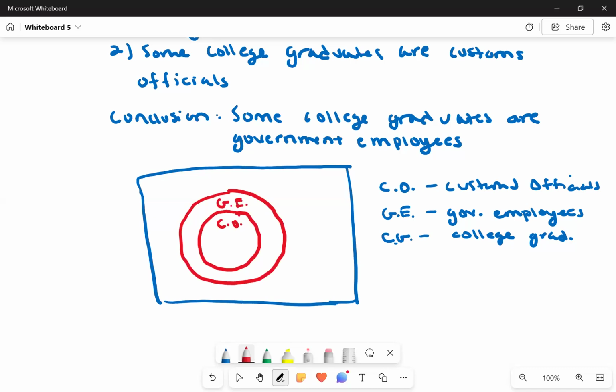Now, some college grads are customs officials. That word some sounds to me like we want to make an overlapping set with customs officials. The way they drew this in the book is that rather than a circle, they used an oblong shape to represent it. So these would be college grads.